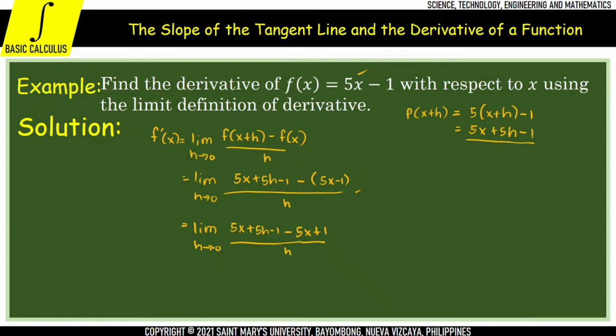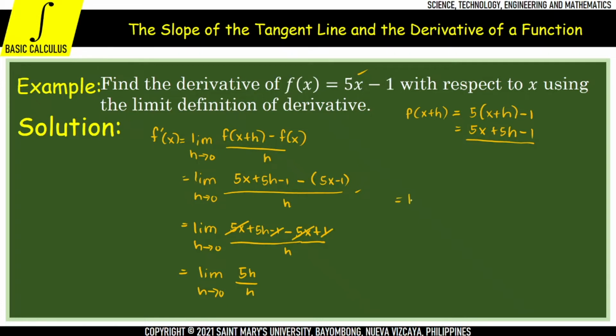Next, may nakikita ba kayong pwede nating cancelin or pwede nating isimplify sa numerator? Okay, syempre, pwede nating cancelin ang 5x sa negative 5x, negative 1, and then positive 1. We are left with the limit of, so ito na natira, 5h all over h as h approaches 0.